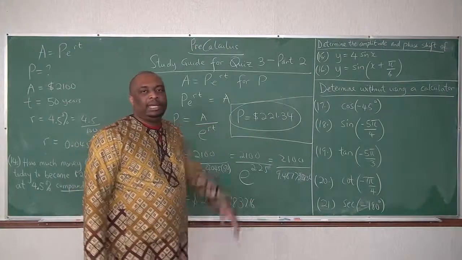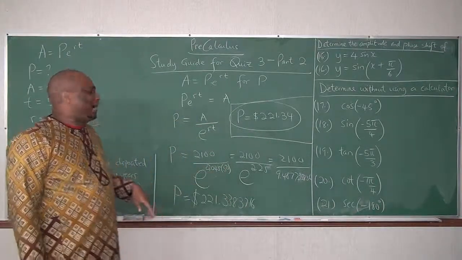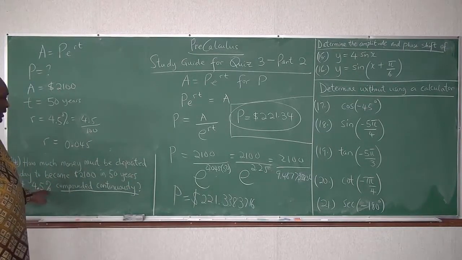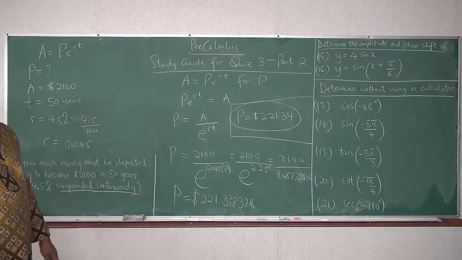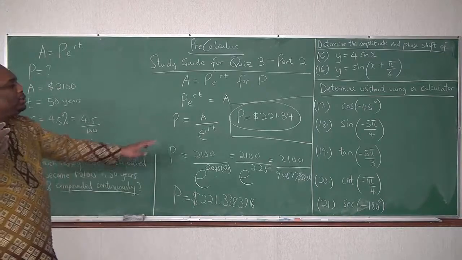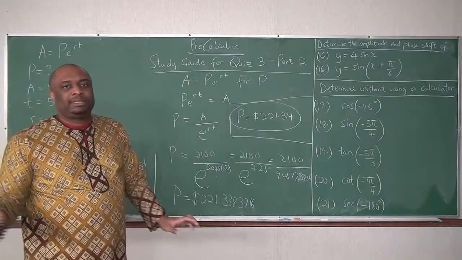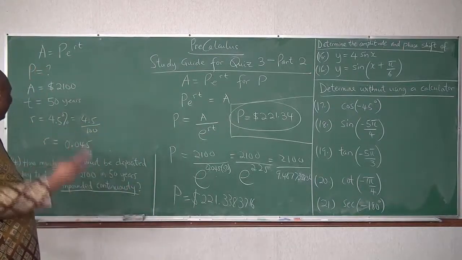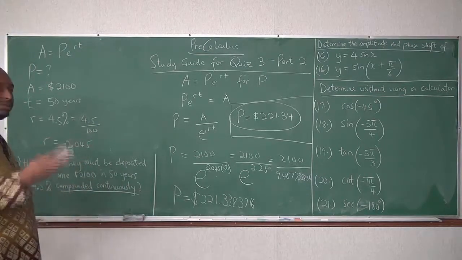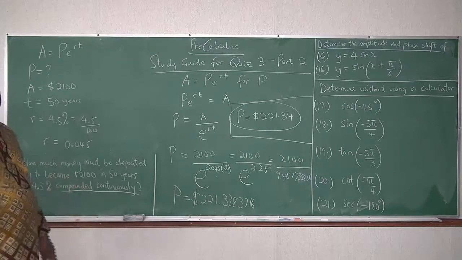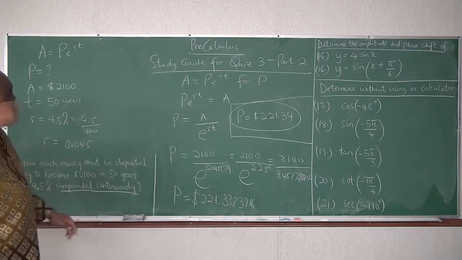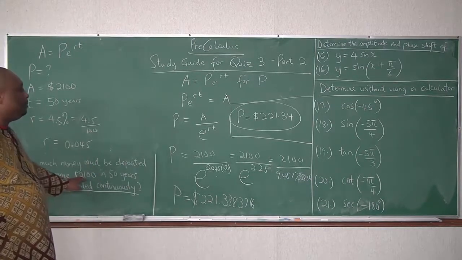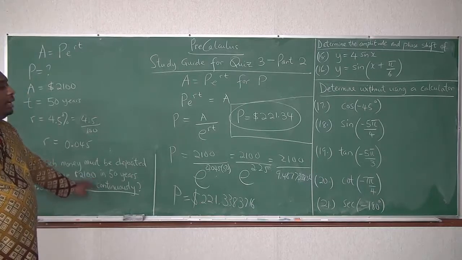So that tells you that if you deposit $221.34 in a financial institution that compounds interest continuously at a 4.5% interest rate, then in 50 years' time your money will grow to $2,100.